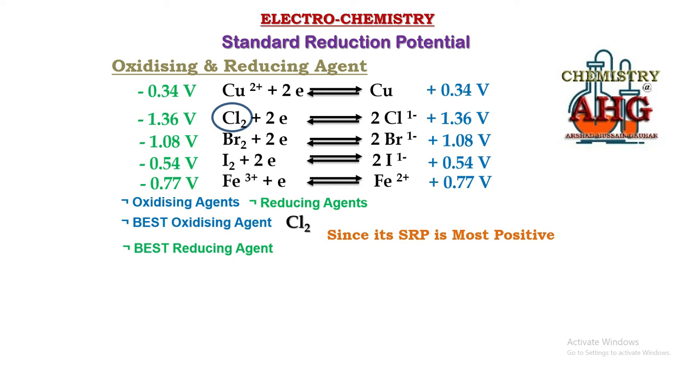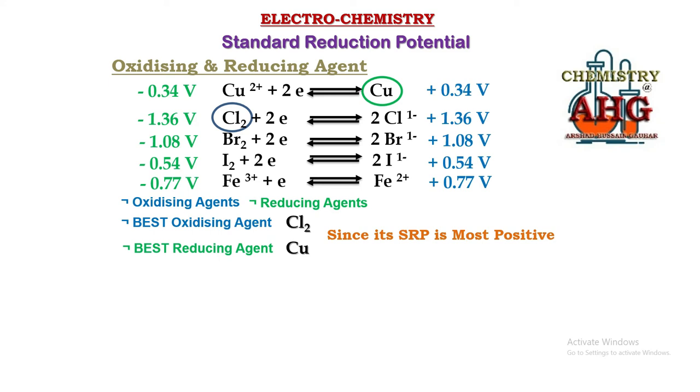But look at which one of these 5 particles can lose electron by requiring minimum voltage, minimum input, minimum electrical energy. So the answer is copper, because you can see copper needs just 0.34 volt to undergo oxidation. So copper would be the best reducing agent.